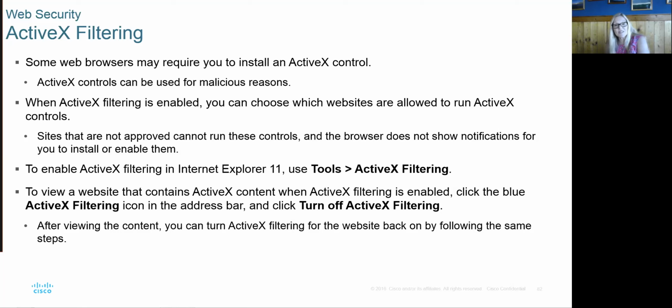So ActiveX filtering in Internet Explorer prevents sites from installing and using these apps. It helps keep you safer as you browse, but it can also affect the performance of certain sites. For example, when you have ActiveX filtering on, videos, games, and some other interactive content may not work.